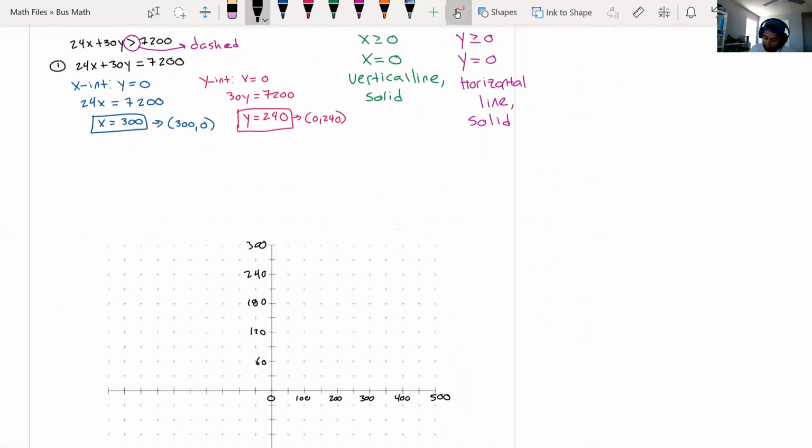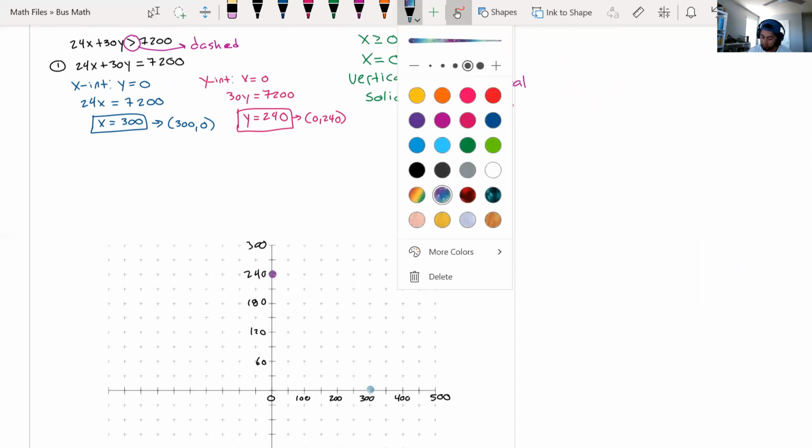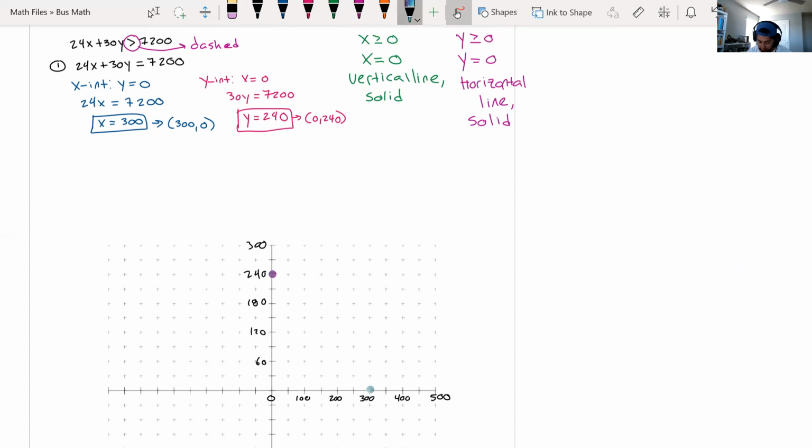And now I can plot my first function. The x-intercept's at 300 and 0. So that's going to be right here. And then the next point is at 0 and 240, right there. So our line will go down between these 2 points, and it's dashed, right?